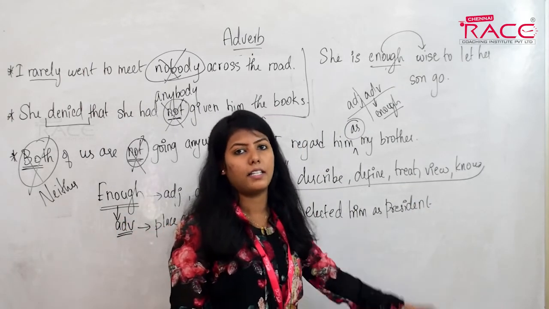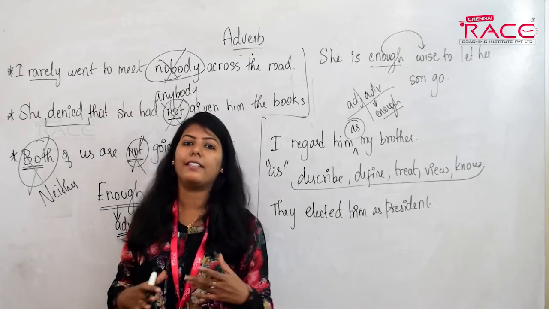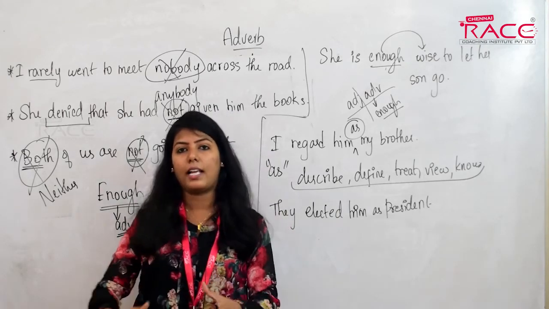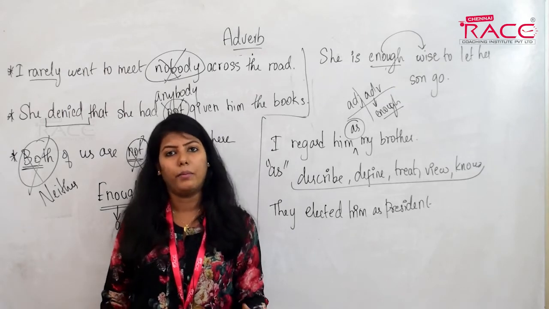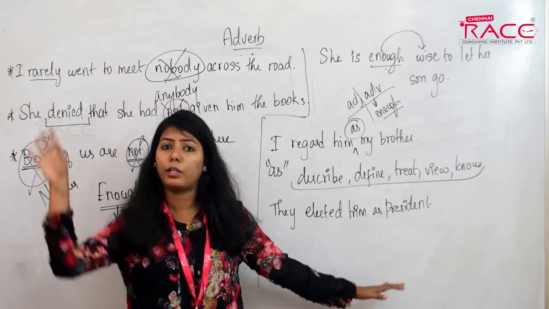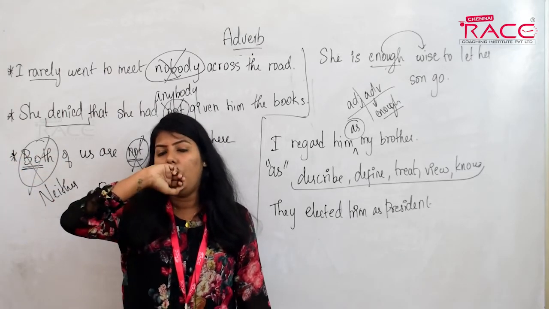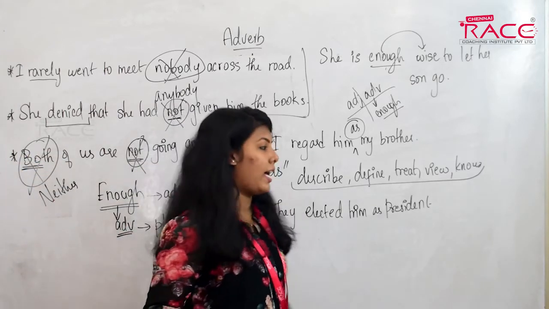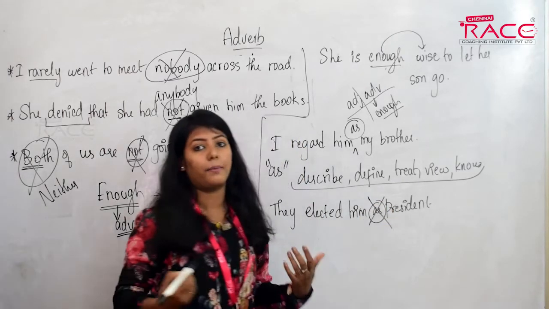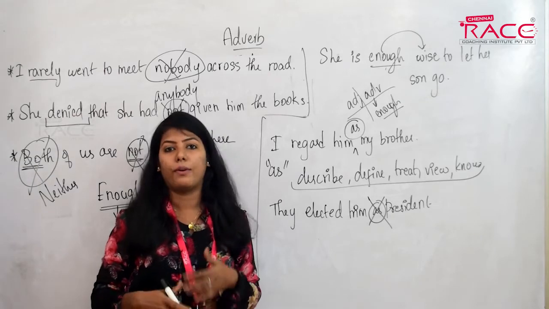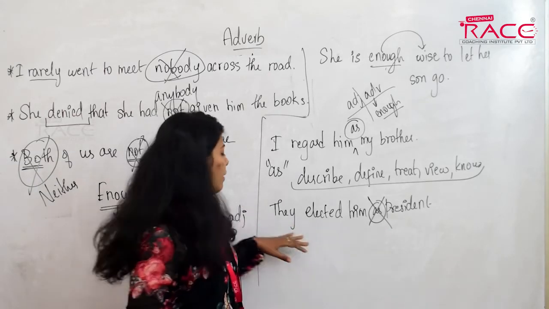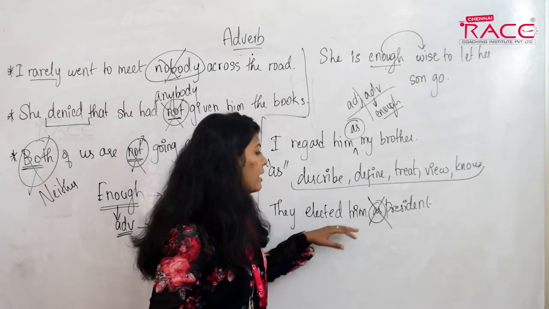When I say this sentence, it means they elected him just like the president is elected. But they are not telling about that. They are telling that he is being elected for the post of president. So here the use of as is wrong. Just like the president, he was also elected? No, he was elected to be a president. So you have to say: they elected him president.